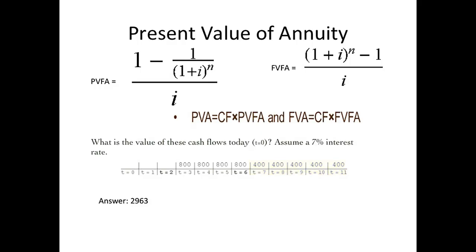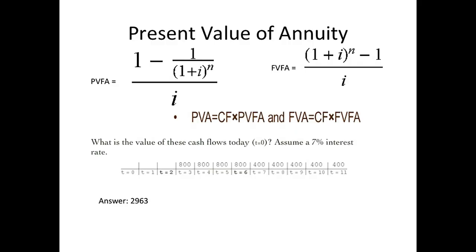We are asked to compute the collective present value of these cash flows at time zero, assuming a 7% interest rate. I've given you the answer so that you can check your work. What we do here is treat these as two separate annuity streams, bring them back to the present, and then sum them up at time zero, because cash flows at the same point in time can be safely added together.